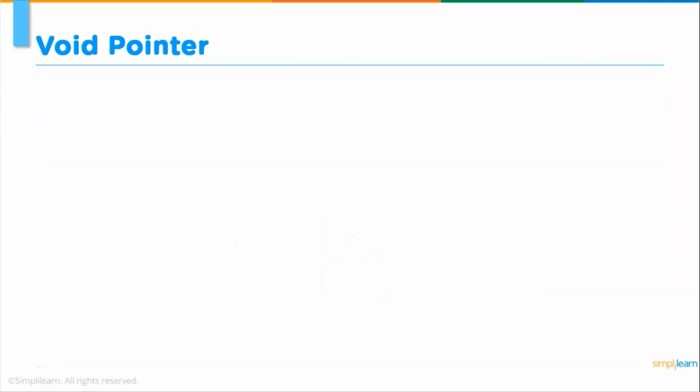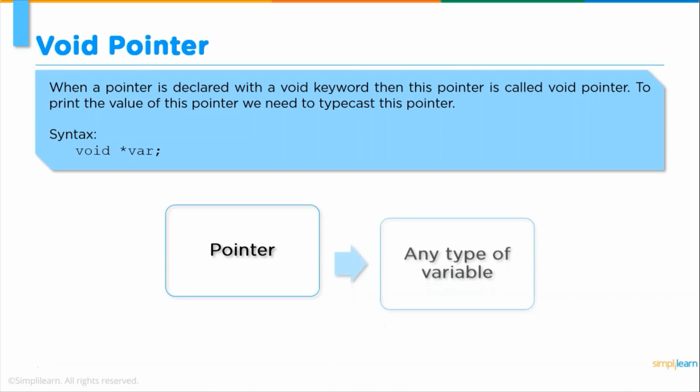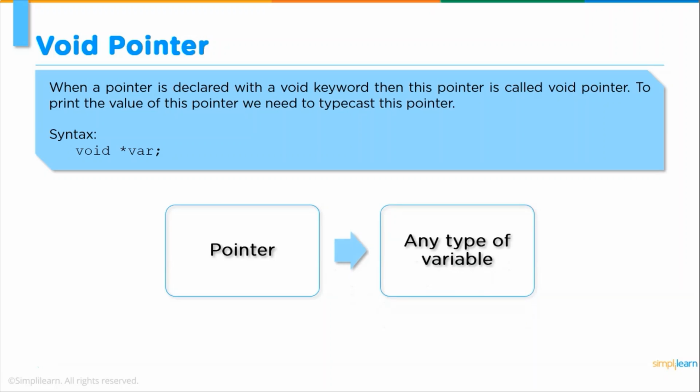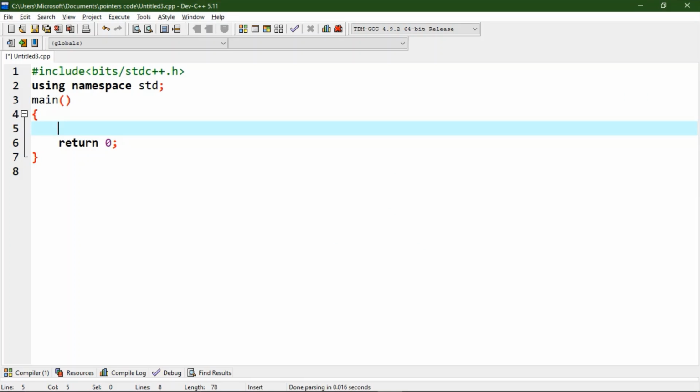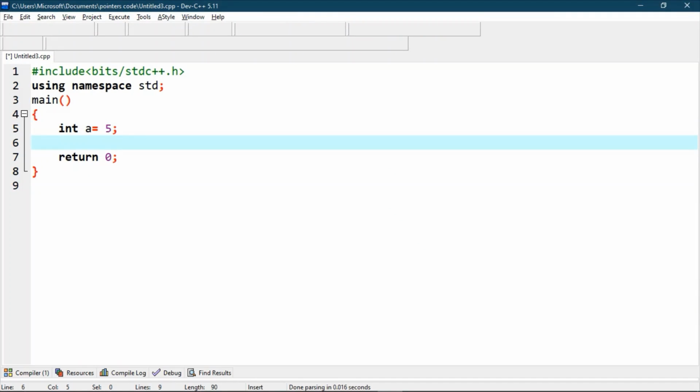Next, void pointer. When a pointer is created with data type void, then this pointer is called a void pointer. If we want to print the variable's value, then we have to typecast this pointer to avoid any error. For better understanding, let's get back to the code editor and try it with a simple code. First, we will declare an integer variable a equals 5 and a void pointer ptr.